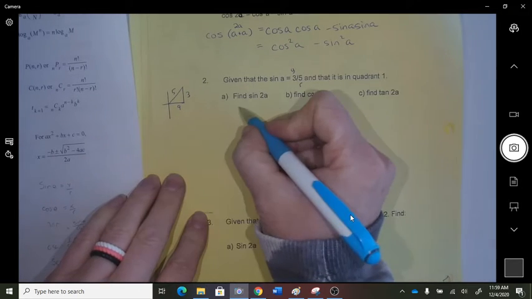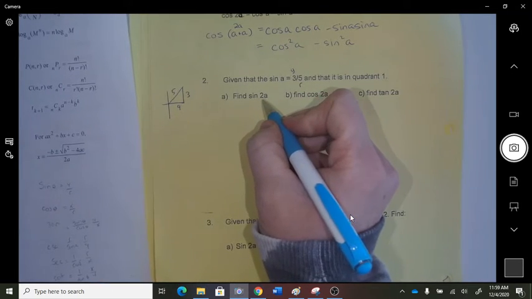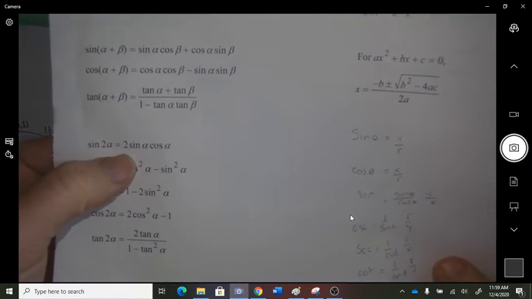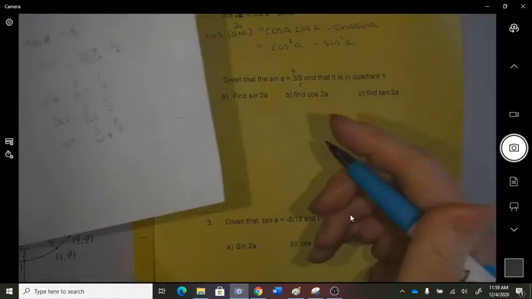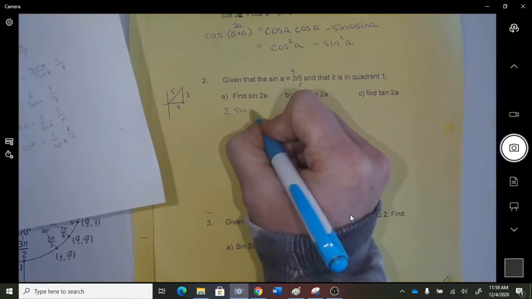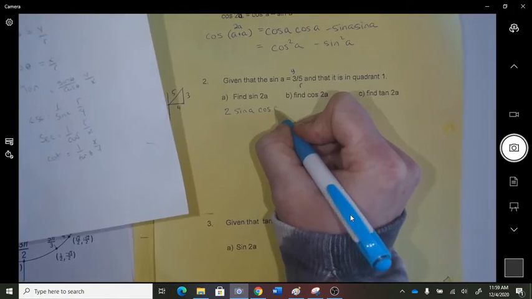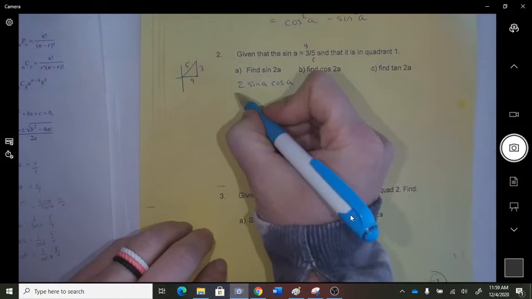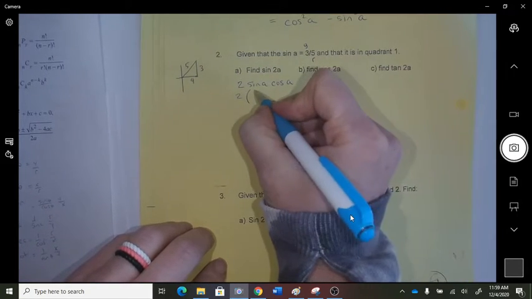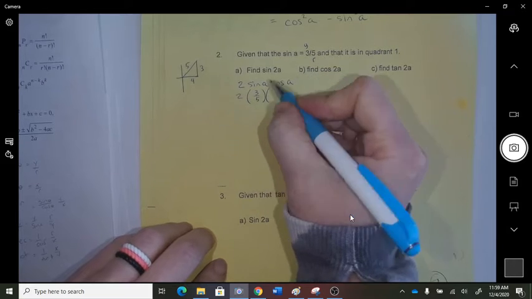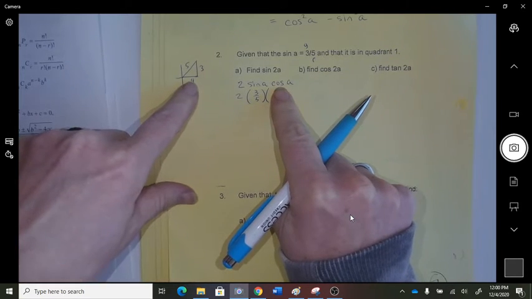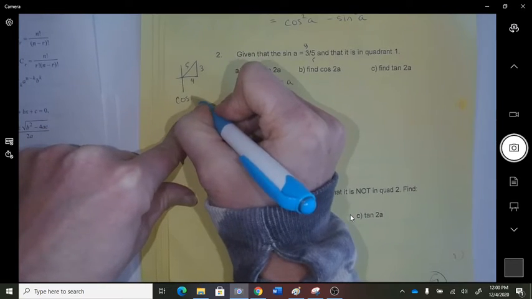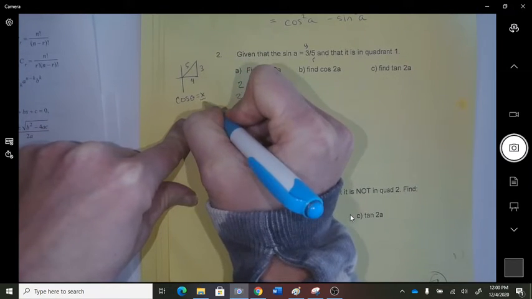So I'm going to find sine 2a. I'm going to use this, which is 2 times the sine a cos a. So that's the formula I'm picking. And then the sine a is 3/5, and the cos a is 4/5 because our ratio for cos, remember, is x over r.